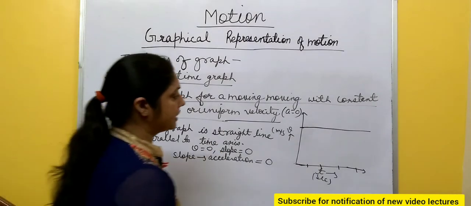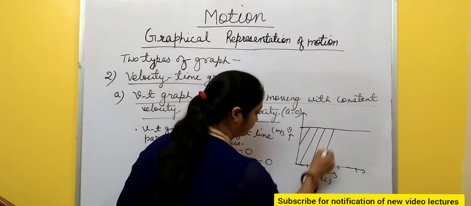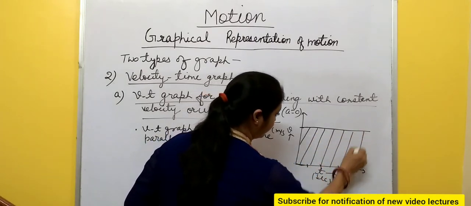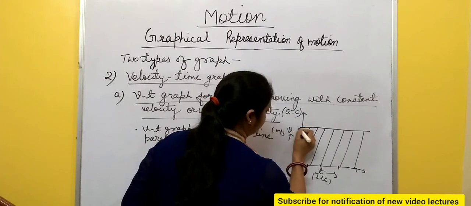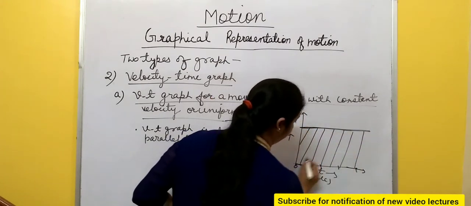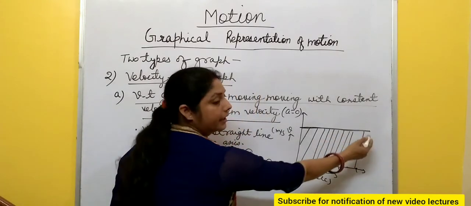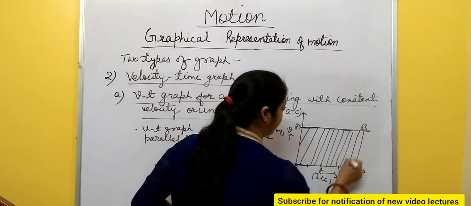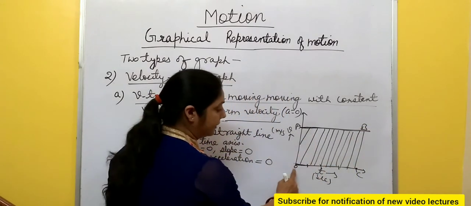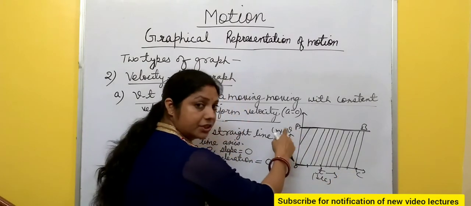One more thing from this graph, if we find the area under this graph, at any time, suppose from 0 to this time, velocity is this one. The area under this curve, the area of this rectangle OABC, is length into breadth. Length is OC, time, and breadth is velocity.